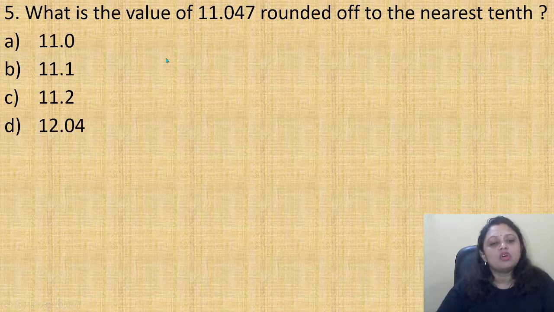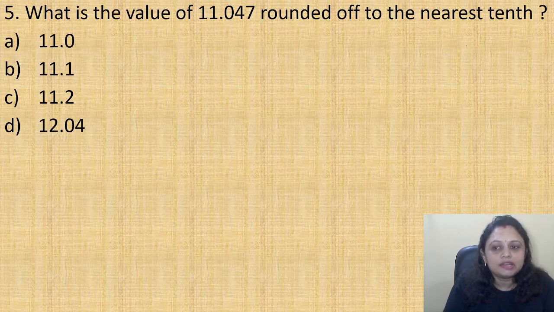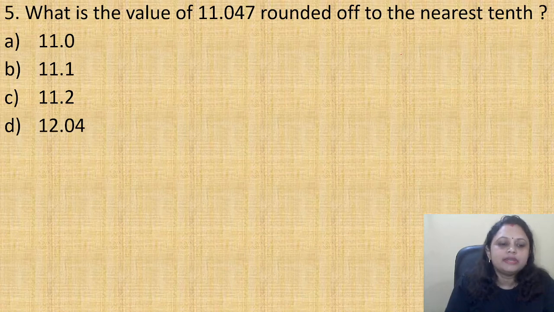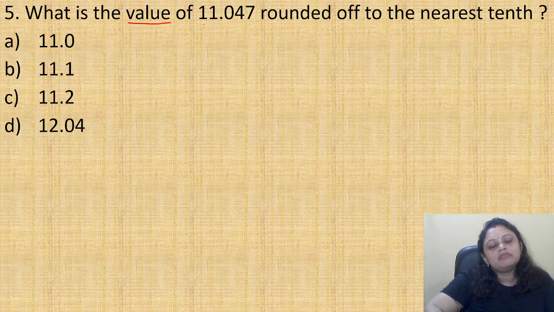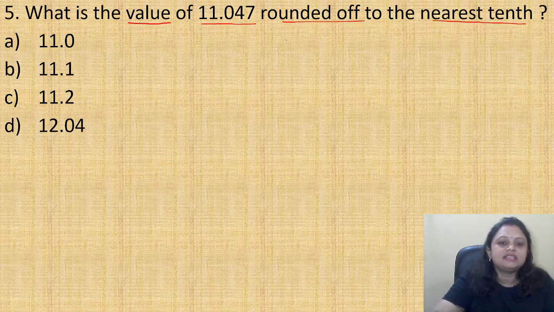What is the value of 11.047 rounded off to the nearest tenth? Option A 11.0, B 11.1, C 11.2, D 12.04. So in the question it is given the value of 11.047 rounded off to the nearest tenth.